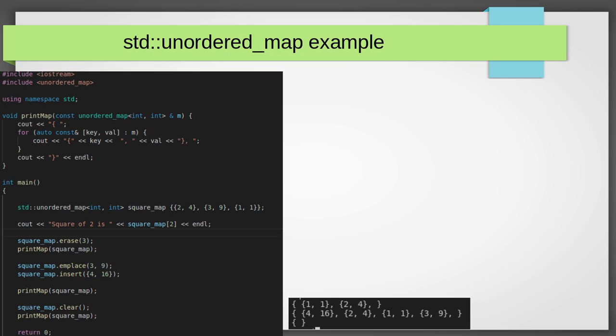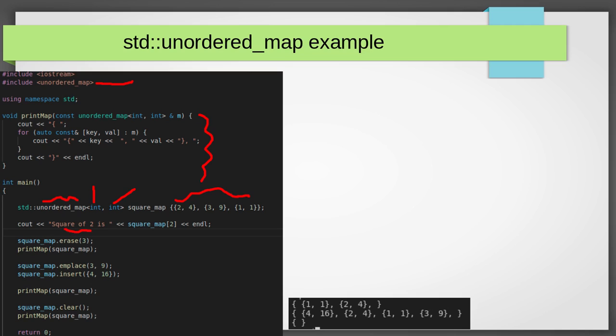Example for unordered map: you have to include this library to use the unordered map, and this is print map, the same function we use for the ordered map. Here is the declaration for the map. Again, you have to define the type of the key and the type of value, and here I initialized it with the 3 pairs.